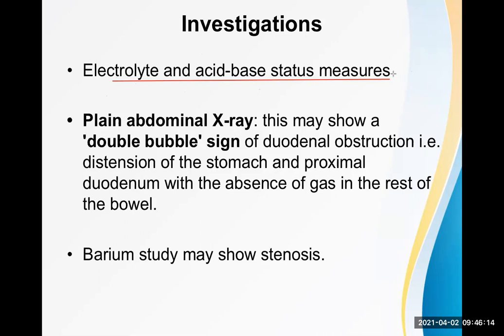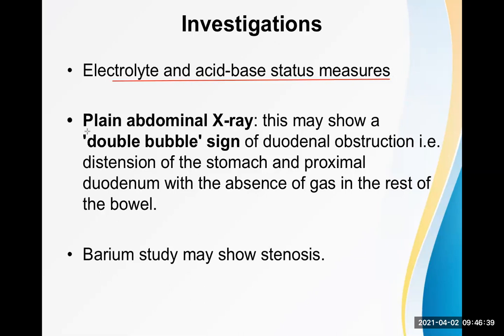If dehydration and hypovolemia are there, then this baby has a high chance of developing metabolic acidosis. But it depends on which type of electrolytes are lost in the vomitus. So even metabolic alkalosis can be there if there is a large loss of acid and even the chloride.